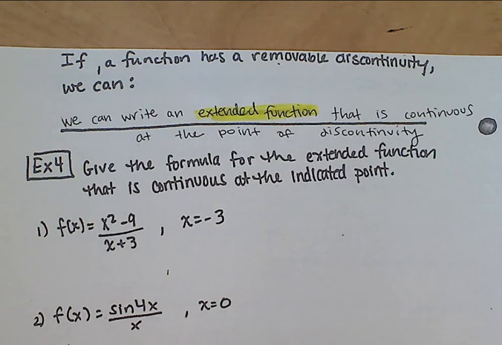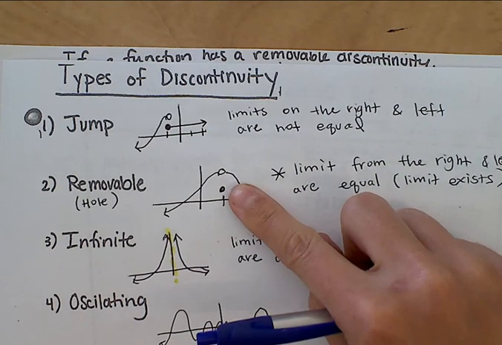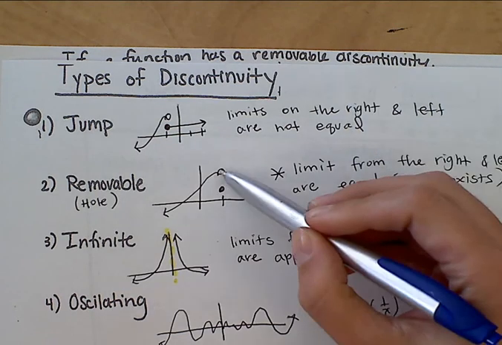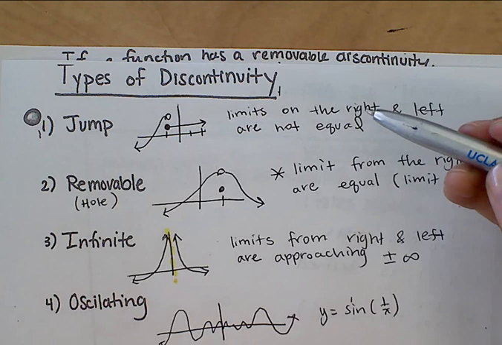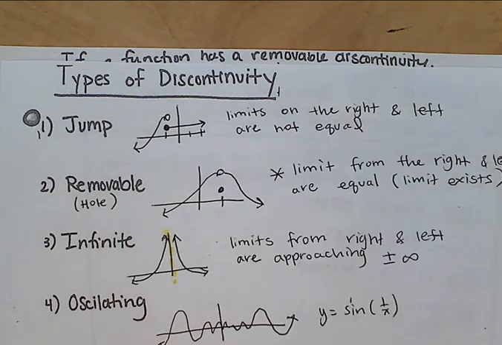Because if you think about a removable discontinuity, it's really, really close to being continuous. So we have the limit. We just basically would need to fill in this hole. And that's what an extended function is. It's a function where we add that value that would fill in the hole to make it continuous.